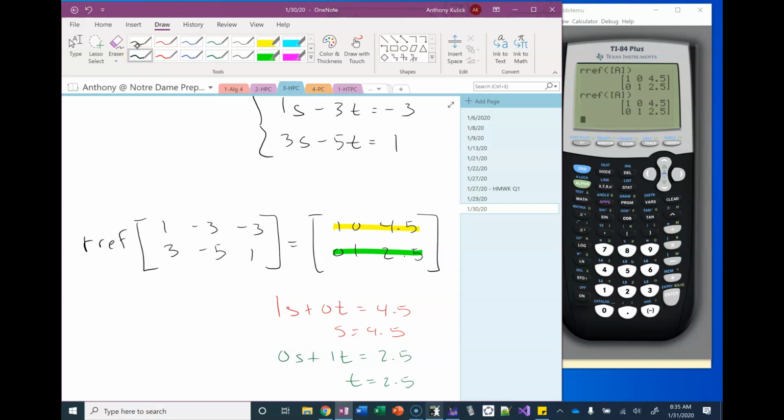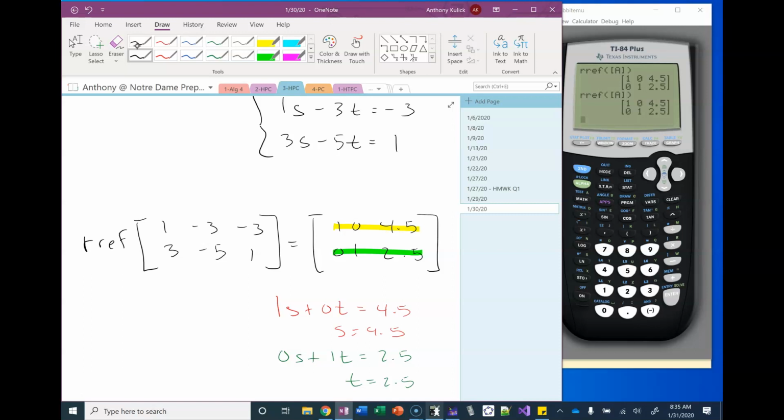Is everybody okay with how to read that result from our calculator? So each row is just representing an equation. You just rewrite the equation with your s's and t's and equal signs and such, and it should tell you an answer.